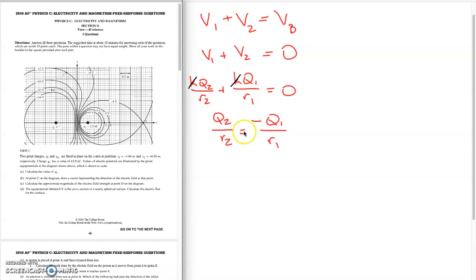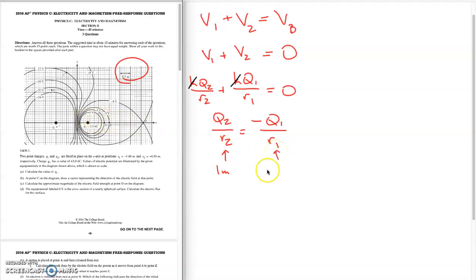Now let's figure out what R1 and R2 are based on our diagram. Our legend up here indicates that one of those dark bars is half a meter. So from Q2 over to B is 1 meter. For R1, it's 0.5, 1, 1.5 to 2.5.